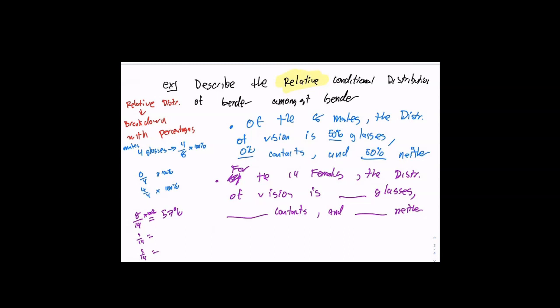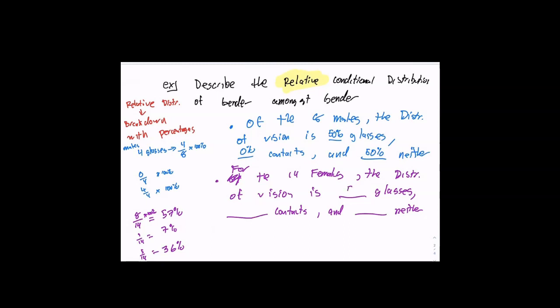So 8 divided by 14 is about 57%, yes. 1 divided by 14 gives me, using my phone, about 7%. 5 divided by 14 gives me around 36%. It's like 35.7, but I need to round that up. Okay. So all I do is I put those numbers into here.